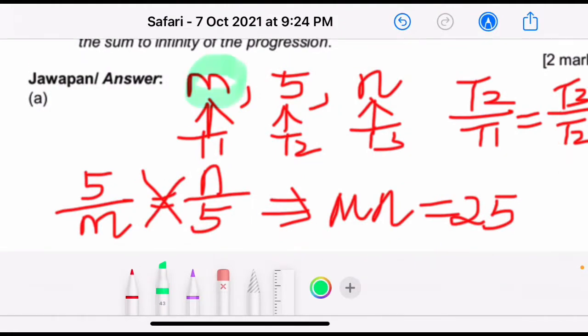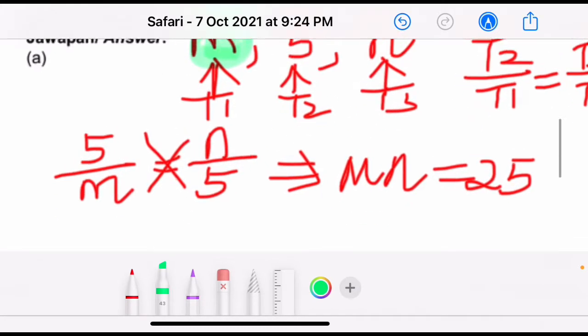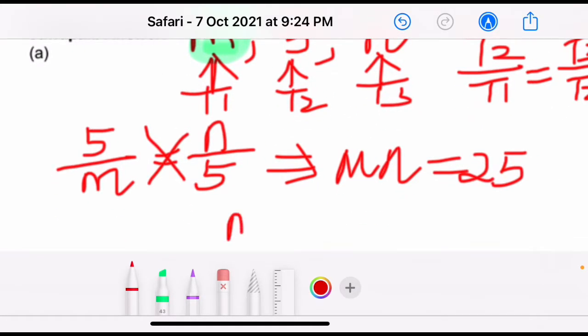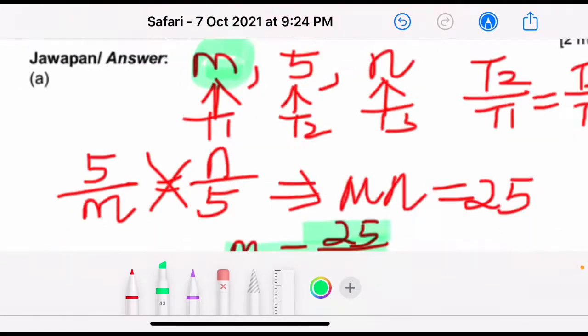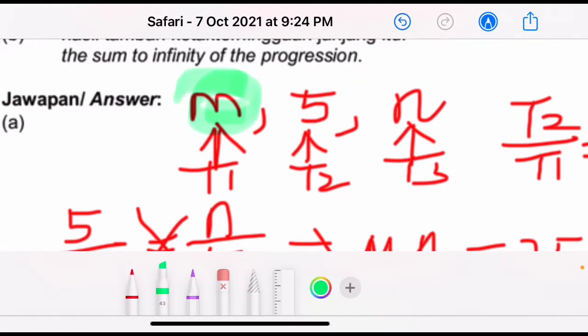In terms of n means that we don't want to write m; we want to write m as something to do with n. That is called in terms of. So this is our first term, which is m.